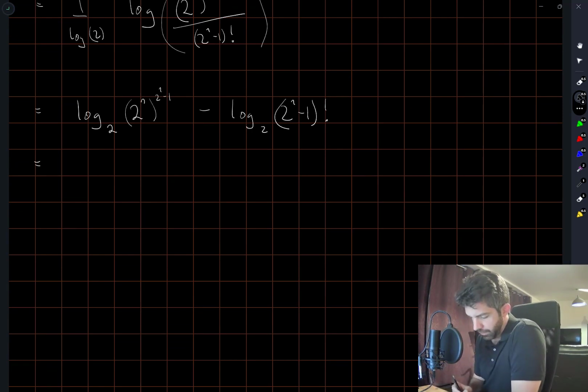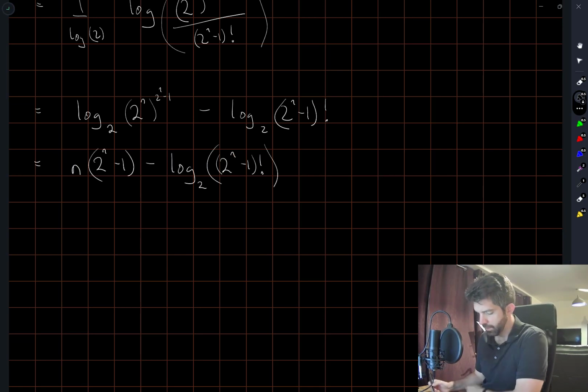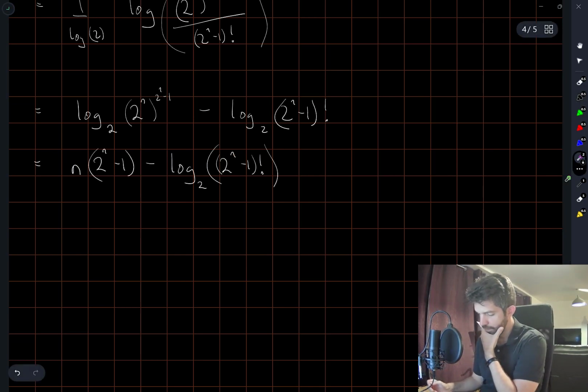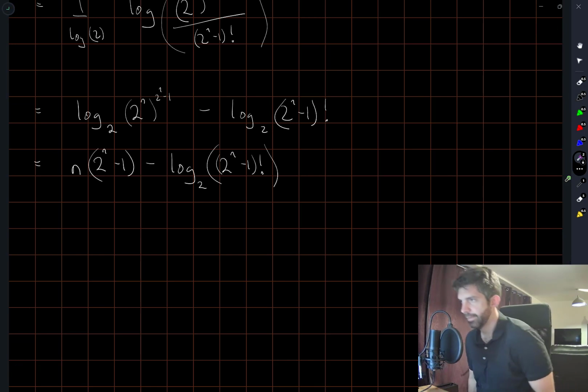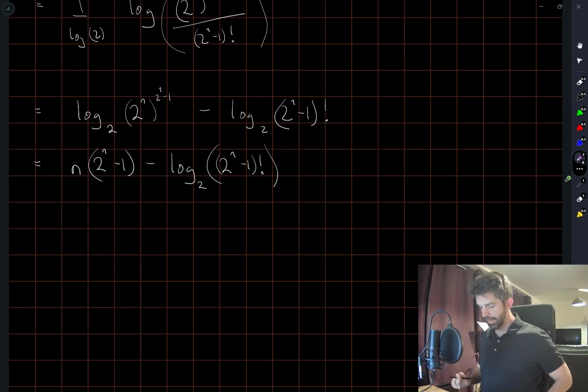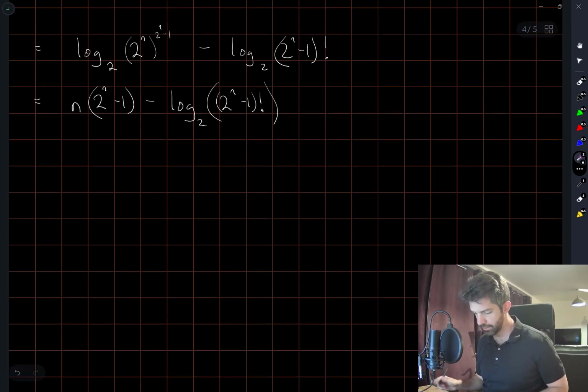So this is unfortunate because I'm getting the same answer that I had before. I have 2 to the n minus 1 in a few places, rather than 2 to the n, but maybe they're actually equivalent.